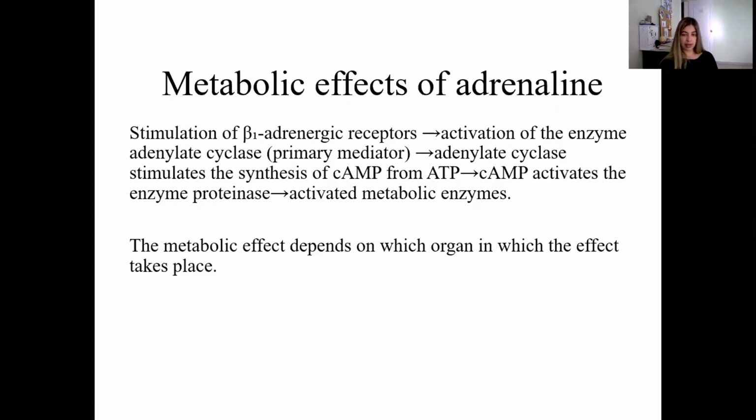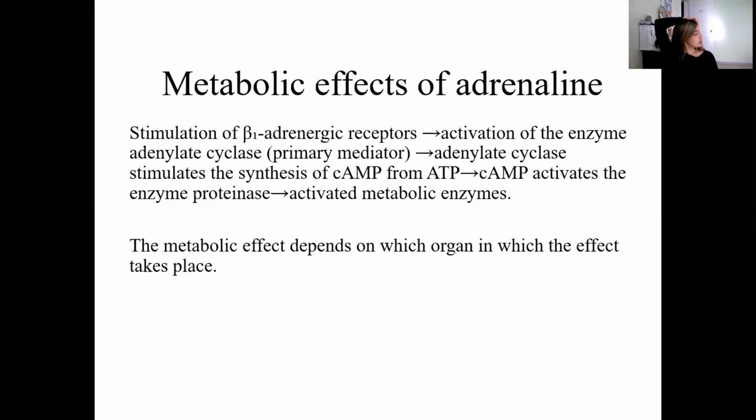activation of metabolic enzymes. The metabolic effect depends on the organ in which the effect takes place. So different metabolic changes can occur, as we discussed. In the liver, it will be increased glycogenolysis. In the adipose tissue, it will be increased lipolysis.